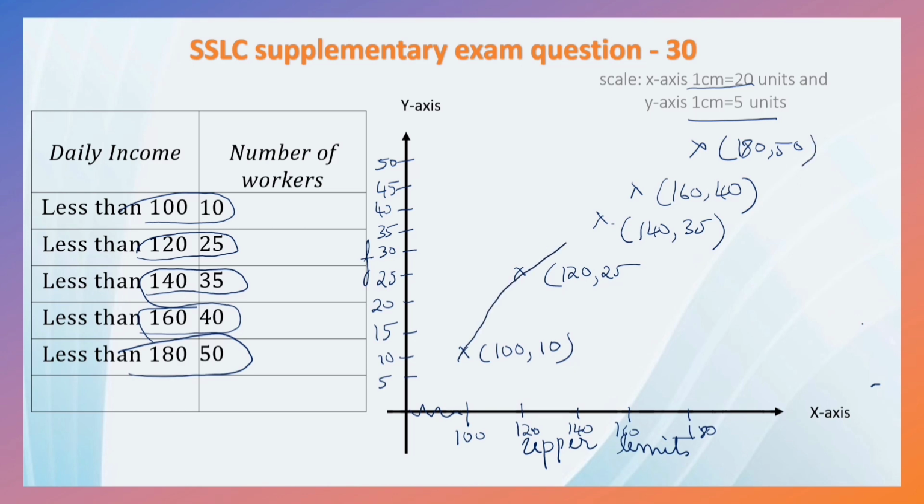Join the points by a smooth curve. This is the less than type of ogive.